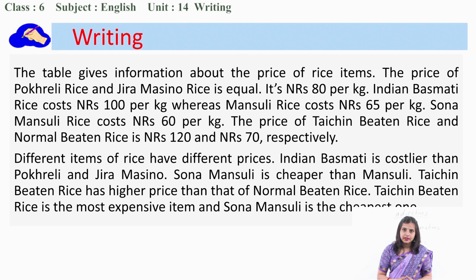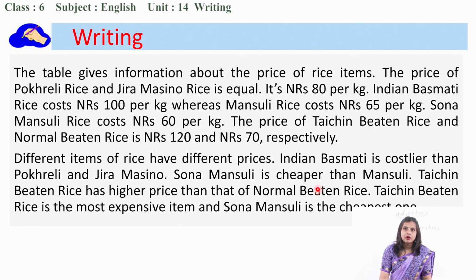Different rice items are there and now looking into their price, there is the comparison done. For example, here see, Indian Basmati rice is costlier than Pokhreli and Jeera Masino rice. Which one is expensive? Indian Basmati rice than this Pokhreli and Jeera Masino. Sona Mansuli is cheaper than Mansuli rice. Now the comparison between Sona Mansuli and Mansuli.